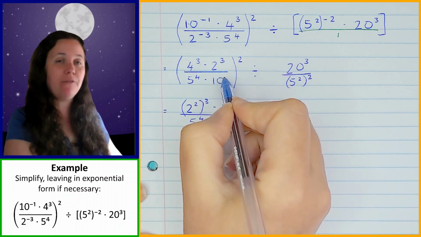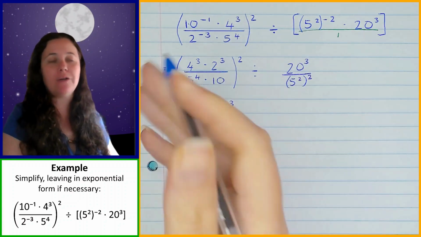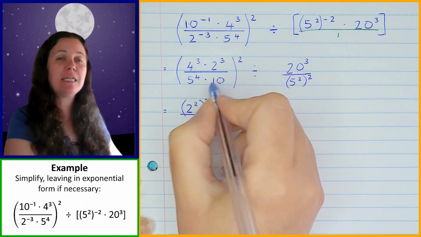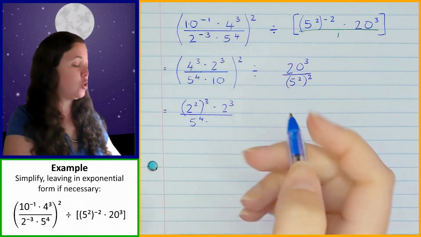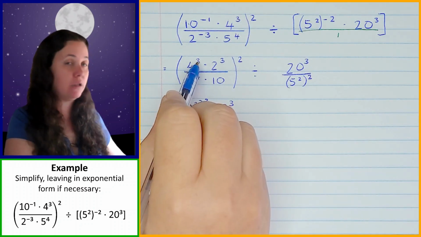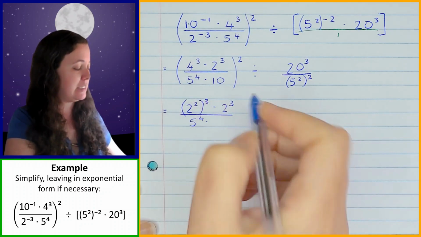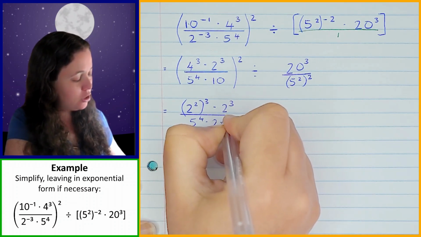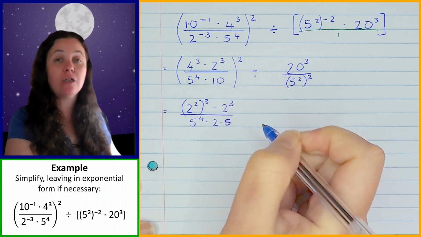Now the 10 doesn't have an exponent. I mean, it does, it's 1, but I don't have to worry about that because the exponent of 1 doesn't actually do anything. So because it doesn't have a visible exponent, I don't actually have to write this in brackets. I did there because the 4 had an exponent that I was still going to have to deal with in the next step. So over here, I'm just going to write 2 times 5. You can put it in brackets if you want to, but it's not necessary.